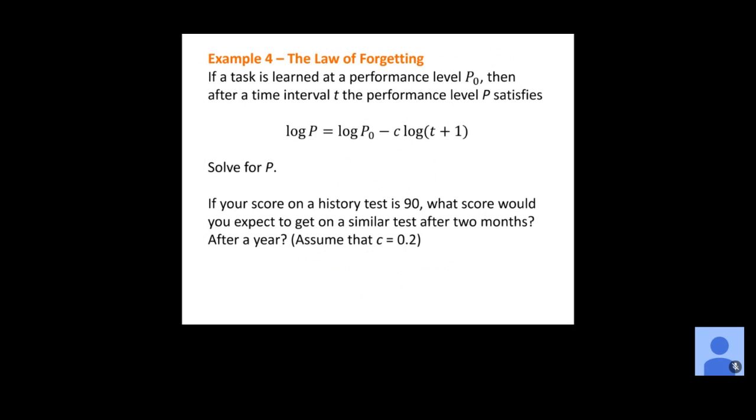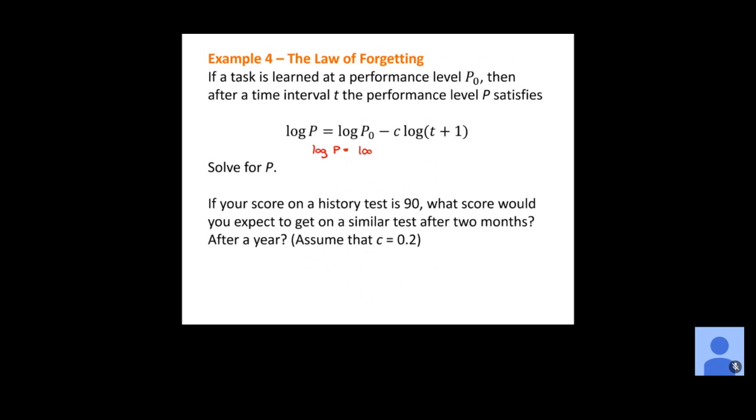In this case, the first thing I want to do is combine what I can on the right-hand side of this equation, because we're eventually going to try to get P by itself. I'm going to rewrite this now as log of P equals. The first thing I notice is I have a C in front of this second log, so I can move it into the exponent.